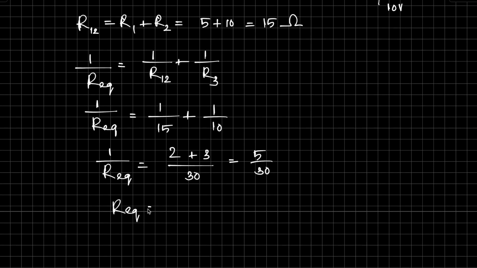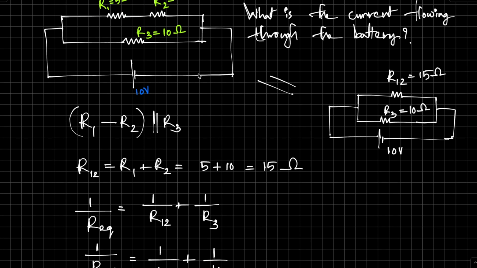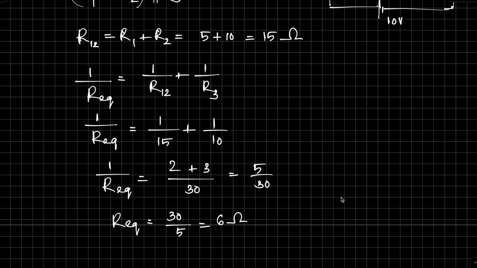Req equals 30 over 5, 6 ohms. So that means you can replace all these resistors with a single 6 ohm resistor. That is the equivalent resistance in the circuit across the battery, and the circuit would behave the same. 6 ohm and a 10 volt battery.